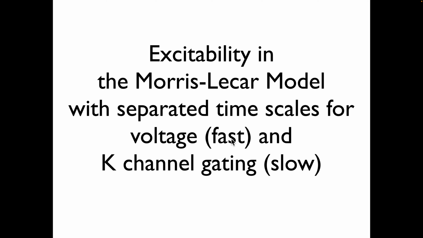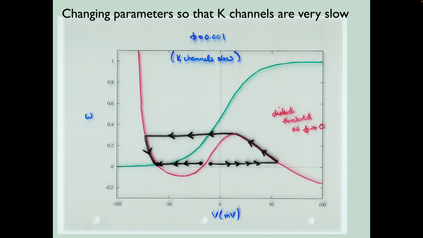Now, in order to understand these dynamics, you can think about a limiting case where the voltage is fast and the potassium channels are slow relative to the voltage change. That would be making this parameter phi in the model small. Then what that means is that if you're not on the voltage nullcline, the direction field is going to be pointing either to the left or to the right effectively.